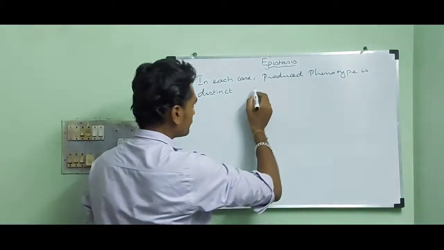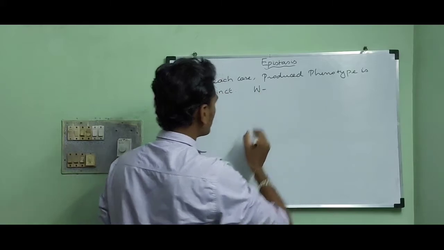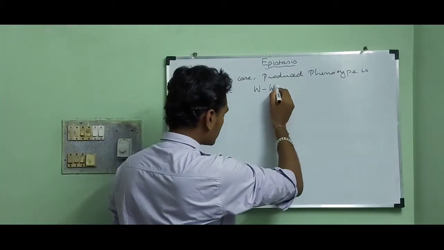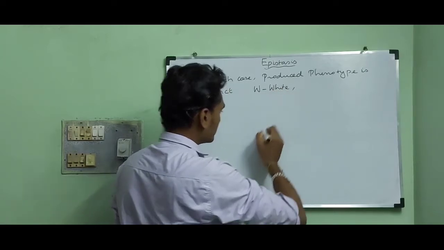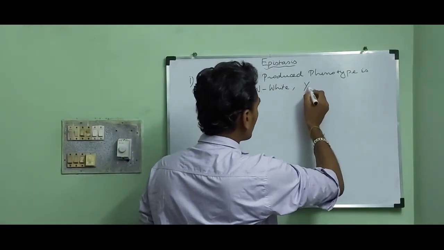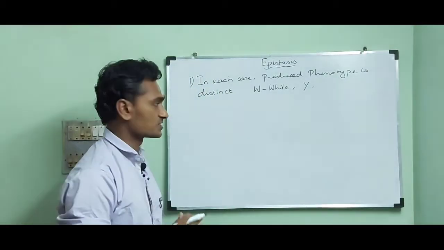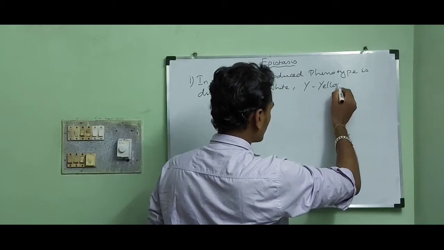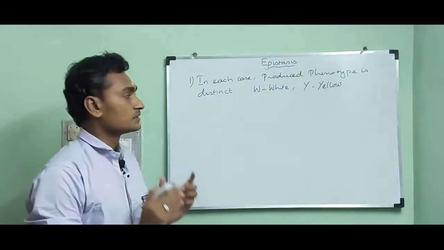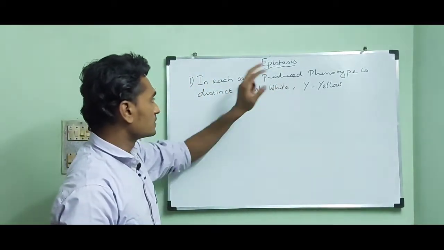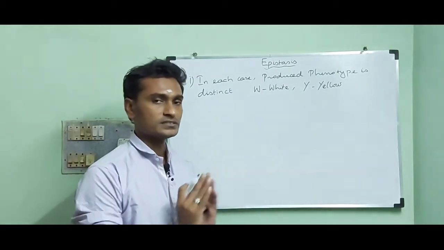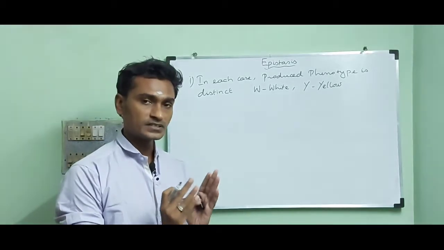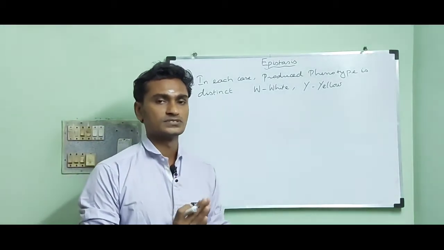For example, capital W is a gene which is responsible for the character white color. Then capital Y is a gene which is responsible for the character yellow color. So the phenotype produced by the gene is very distinct, very noticeable.